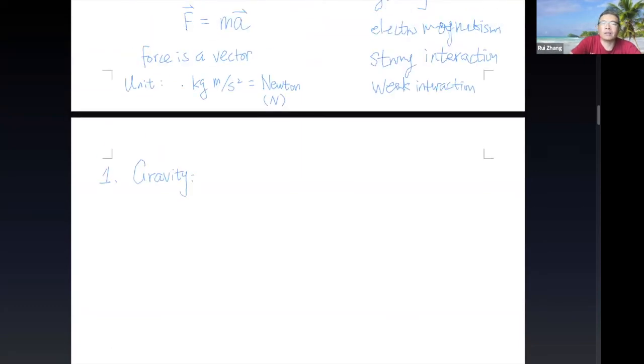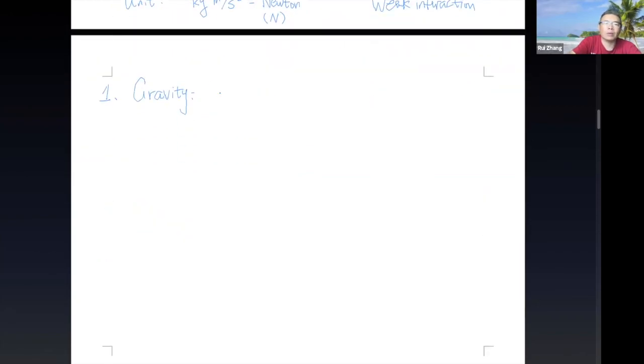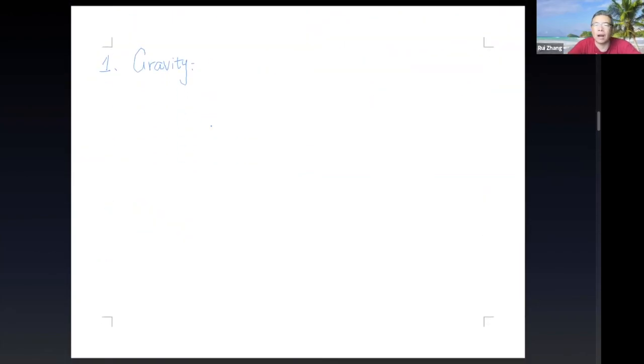So the first one we have is called gravity. As we know, it is one of the fundamental interactions, but it's also one of the important ones we need to know for this class. So what is gravity? It's very simple. Gravity is governed by, well, not discovered but clearly explained by Newton.